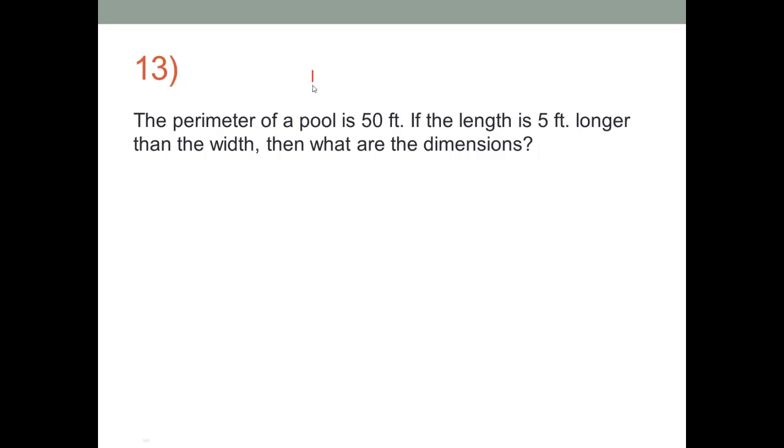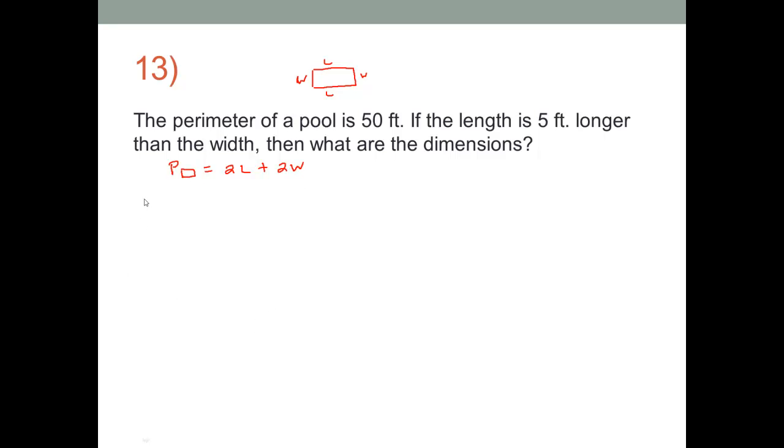And what we know about a rectangle is that the lengths of the opposite sides are equal. So we have a special formula we can use for the perimeter of a rectangle, since the opposite sides are equal, and that's going to be 2 times the length plus 2 times the width.